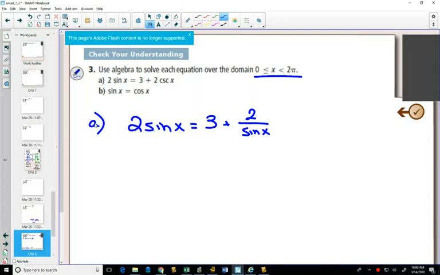So now that we've done this, this is connected to something you did in grade 11. You solved equations like this. You solved equations that were 2x equals 3 plus 2 over x before. What did you do when you had that x on the bottom?